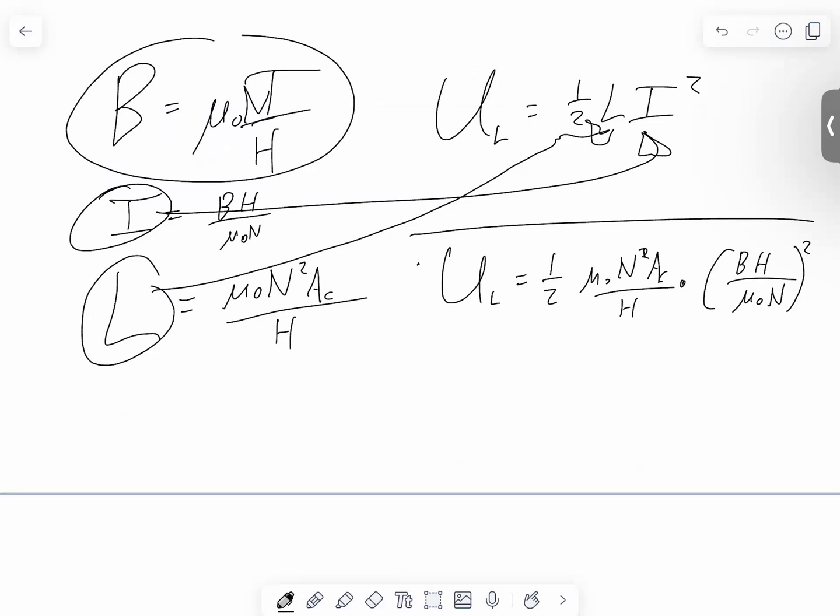Help me simplify. Mu naught n squared cross section B squared. Do I want to simplify that out? No. B squared h over h mu naught squared, n squared. Do it yourself.